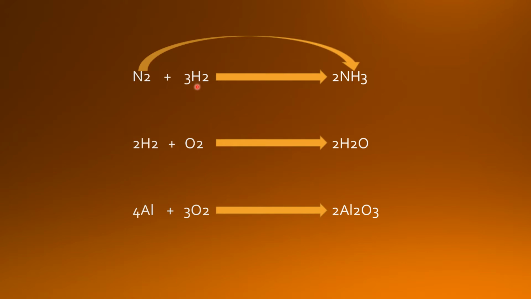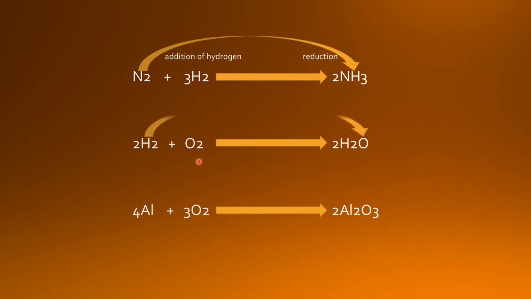Simply, hydrogen is added to the nitrogen. So by the addition of hydrogen, nitrogen changes into ammonia. So addition of hydrogen is taking place here, and it is a process of reduction.